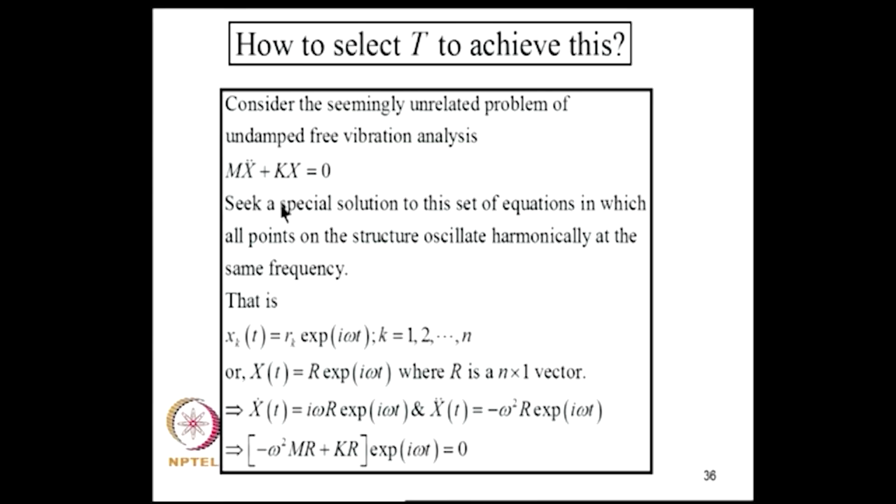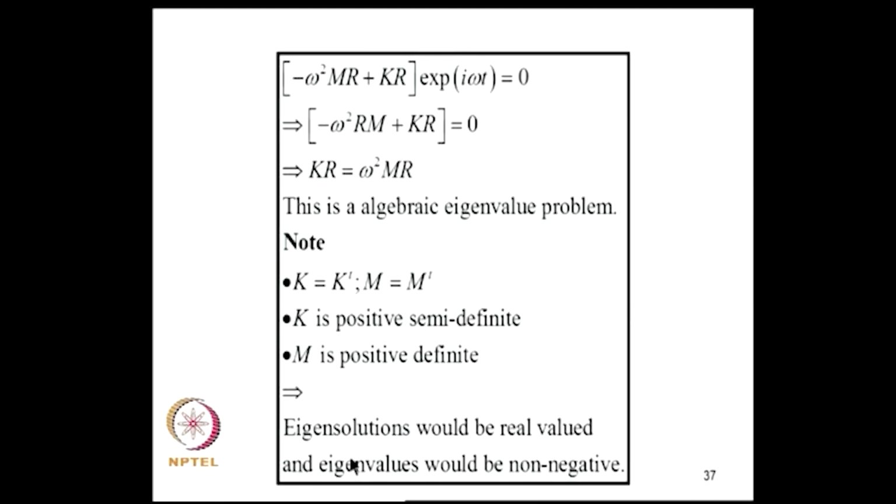Now, let us substitute the assumed solution into the governing equation. We are assuming in vector form x is r e raised to i omega t, x dot is this, and I want to know what the condition on r and omega, which are the unknowns, should be for this type of solution to exist. So, you substitute into the governing equation, I get this equation. e raised to i omega t cannot be 0 for all t, therefore, the term inside the bracket would be 0, and that leads to a general algebraic eigenvalue problem involving the stiffness matrix and mass matrix.